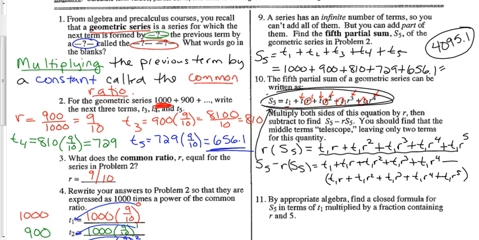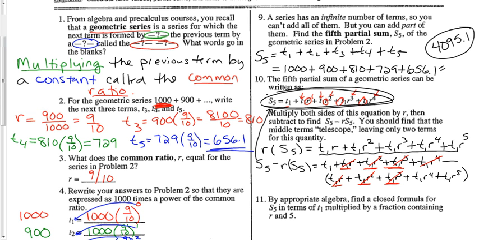If we were to simplify, I'm going to use my red, because basically I have everything positive and I'm subtracting away the parentheses. So I should just be able to cancel terms out. You see I have a t sub 1 r here and a t sub 1 r here. Great, those are going to subtract out. I have a t sub 1 r squared and a t sub 1 r squared. Those are going to cancel out. I have a t sub 1 r cubed and a t sub 1 r cubed. Those will cancel out.